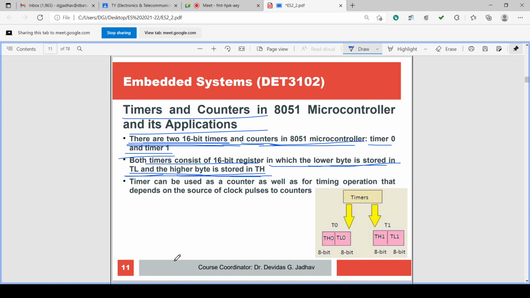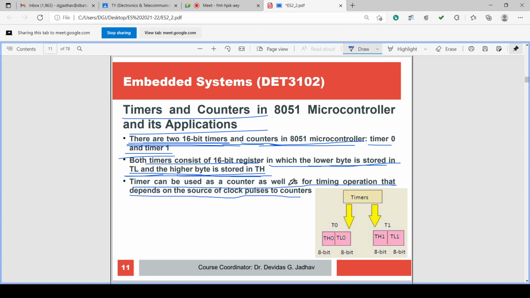Either way you can decrement or increment. A timer can be used as a counter as well as for timing operation. That depends on the source of clock pulses to the counter.